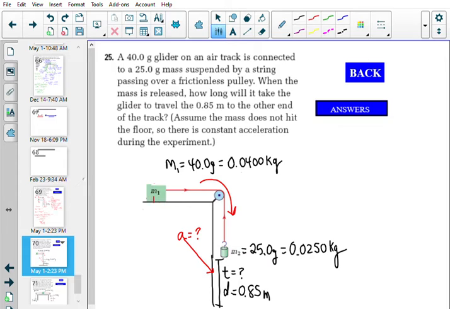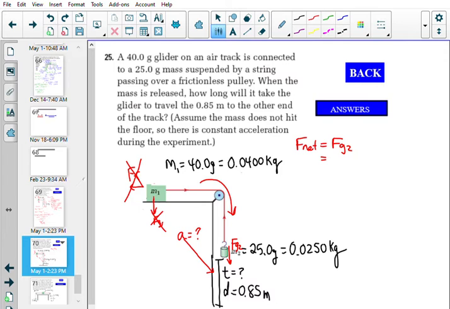So first things first, we're going to find acceleration. To find acceleration, we need ourselves an F net formula. So we have Fg2 downward. And just like the last question, Fg1 doesn't come into play because it's not pulling on the rope. There's no friction, so there's none of that. So the only force you have at play on this one is, again, Fg2. So my F net is just Fg2.